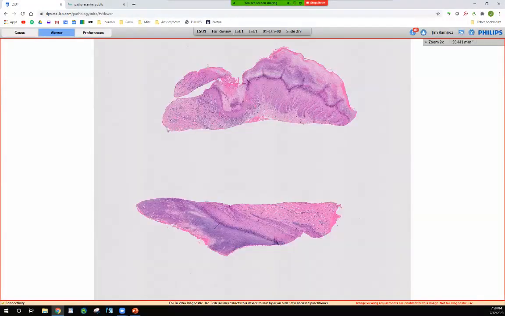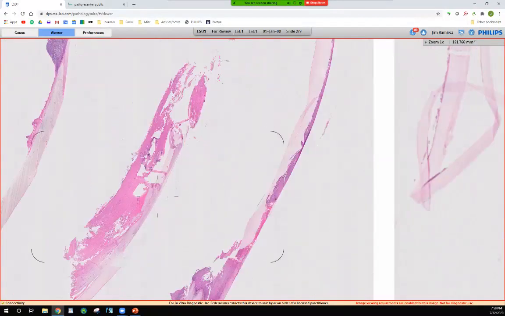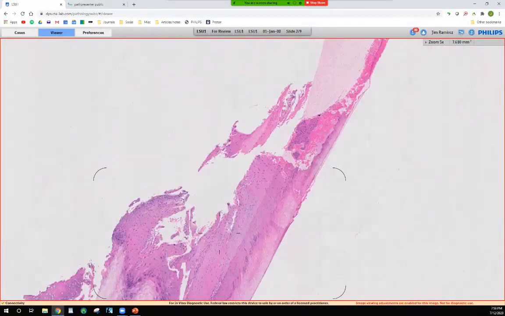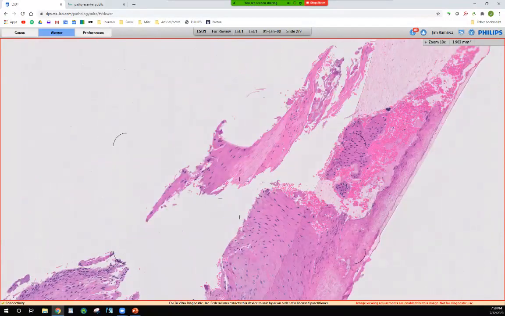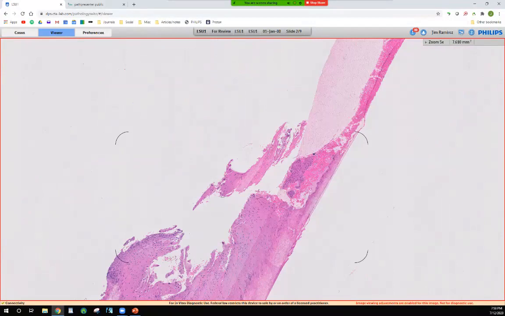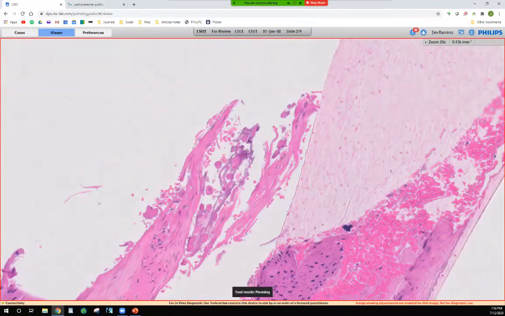This was actually a nail, and what was interesting is that this patient had Darier's disease. I would have never gotten this, but this was a case we were able to pull from our files. This is really hard on this biopsy right here, but you do see maybe a few acantholytic cells right here.